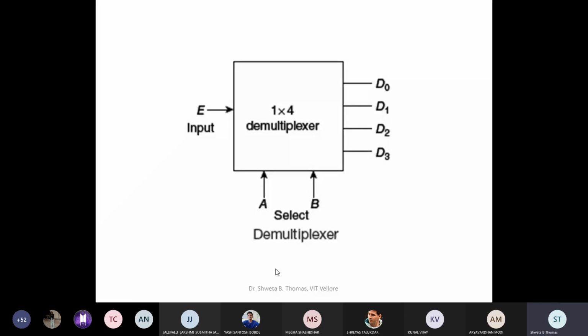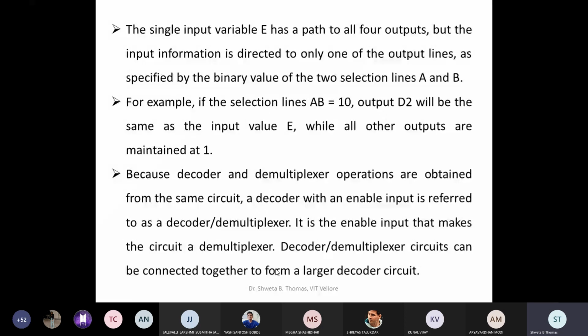So I have given some important points here. The single input variable E has a path to all 4 outputs, but the input information is directed to only one of the output lines. Why one of the output lines?